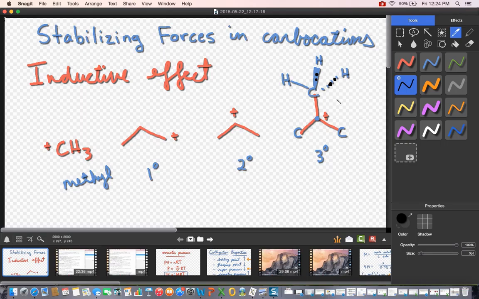This helps to stabilize that empty orbital. I can do this 1, 2, 3 times for the front orbital, or the orbital that's coming out of the plane of the screen. I can do this 3 times to the back orbital, the orbital that's going into the plane of the screen. So a tertiary carbocation has 6 favorable orbital interactions.